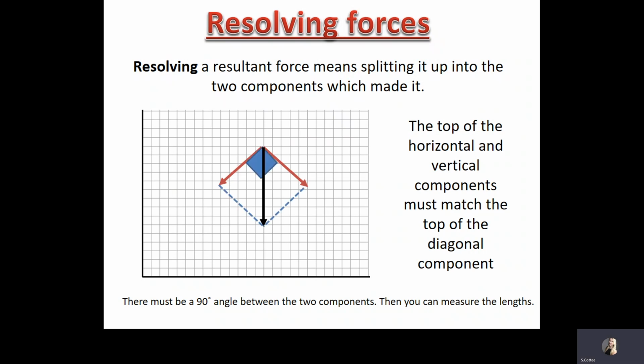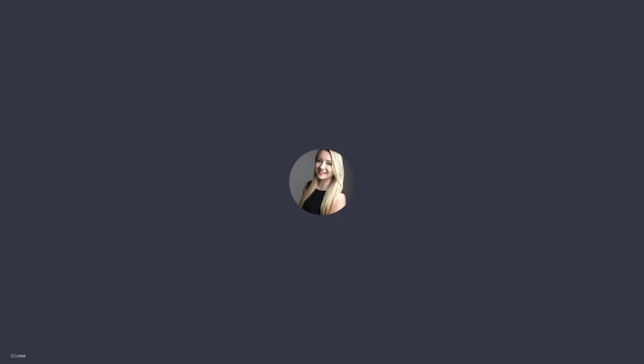Again, the tops of those arrows must join with the top of the diagonal, and those two arrows that the resultant has been resolved into have to be at right angles to each other. Again, quite simple when you're using grid paper or graph paper, quite difficult when you are using plain paper. So I'm going to show you how to do this using plain paper.